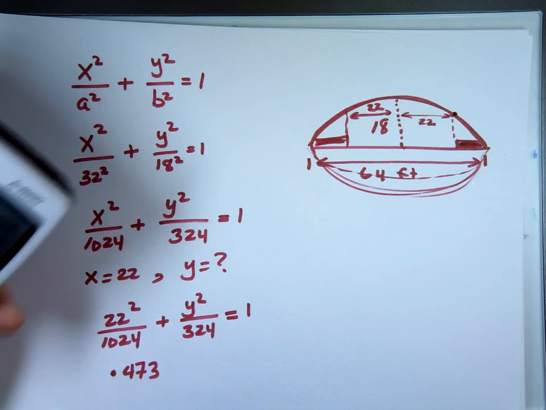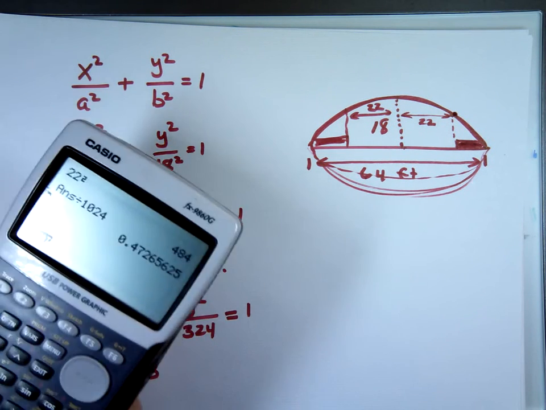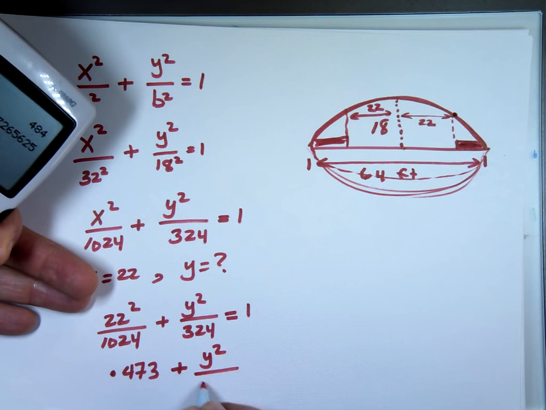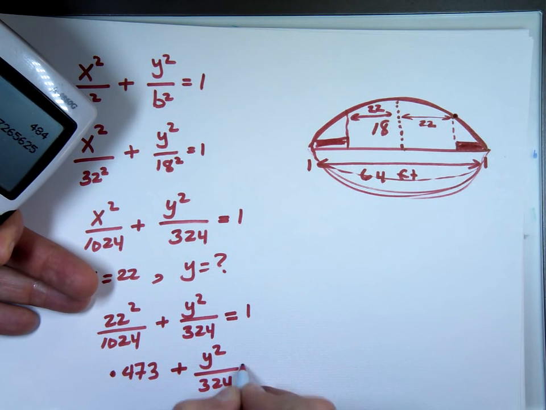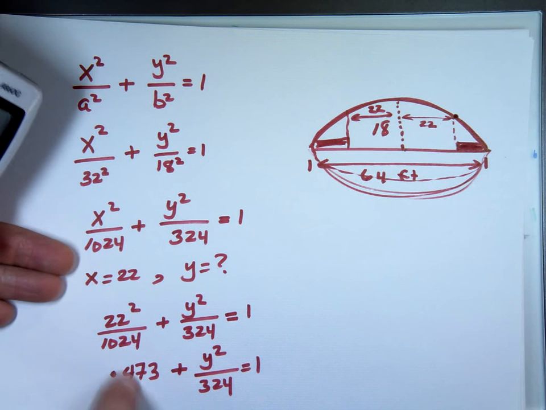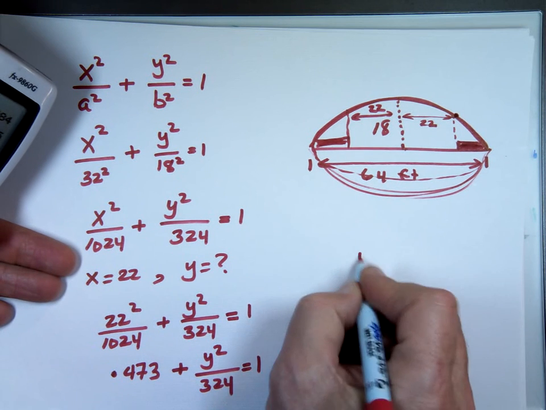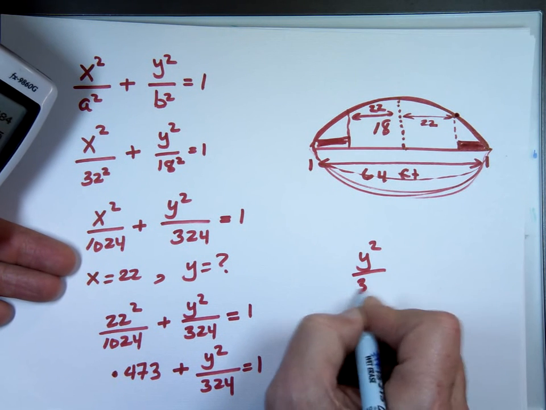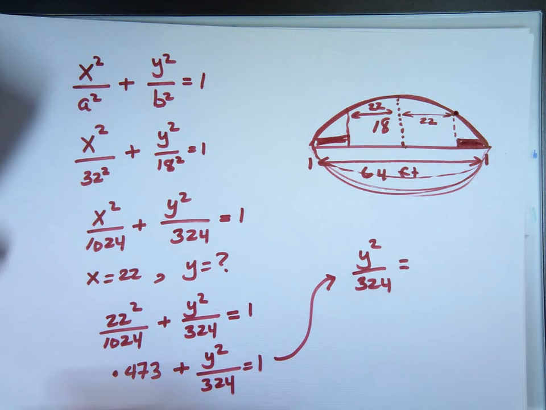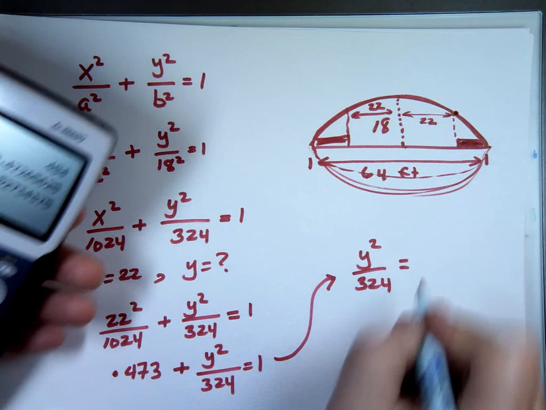I'm not using all the numbers there. So y squared over 324 equals 1 minus that number, which is 0.527.